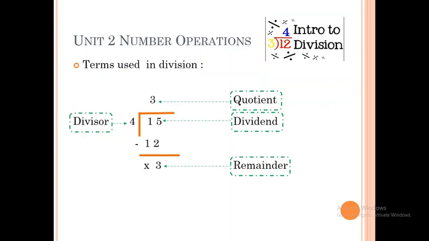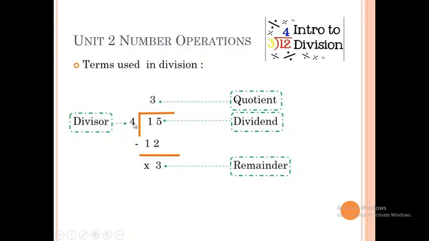Now, as you have done the basic terms of addition, subtraction and multiplication, these are the basic terms used in division. See this question that I have solved here. 15 divided by 4. 4 3s are 12 and after subtraction 3 is here as remainder.